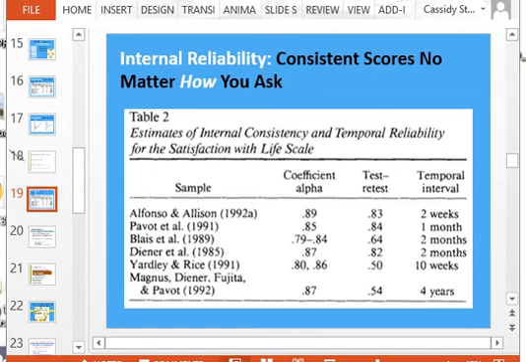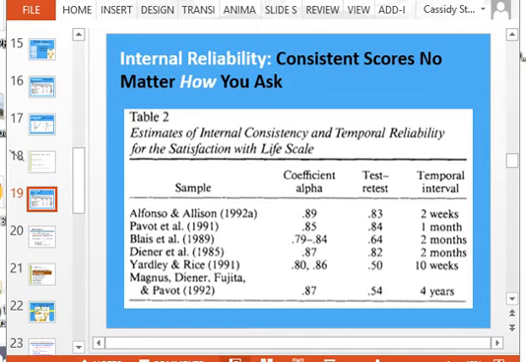So they have other factors which influence their response. So with internal reliability, if you have multiple questions which are trying to assess the construct, if you have high internal reliability, that means that the way that you're asking the questions has no impact on how people are responding.